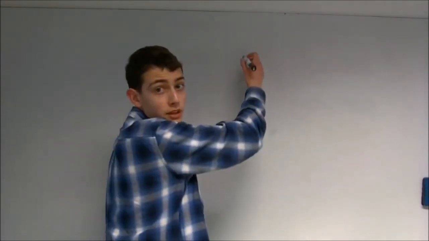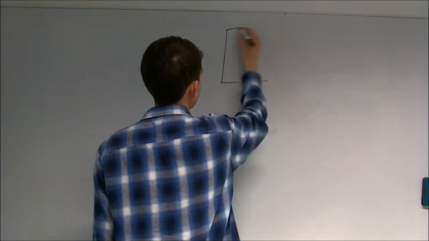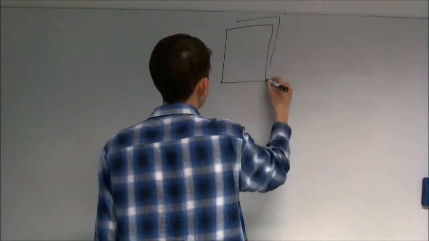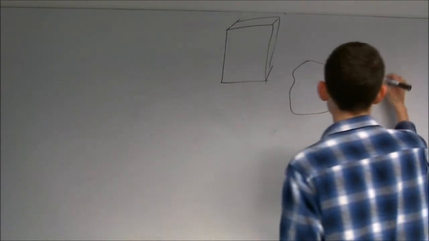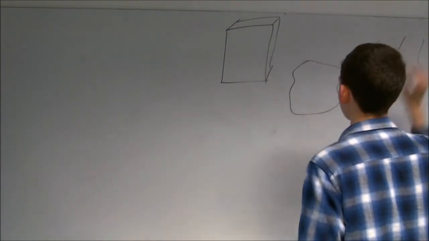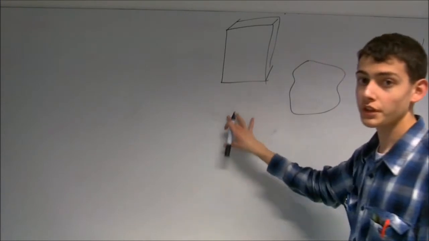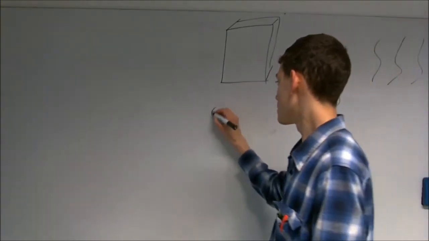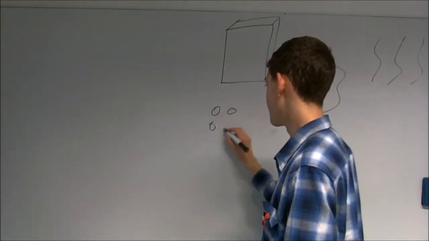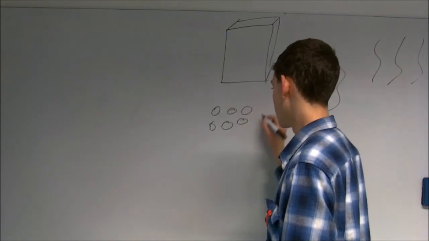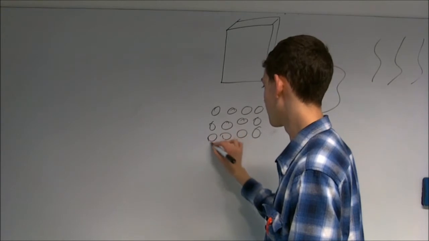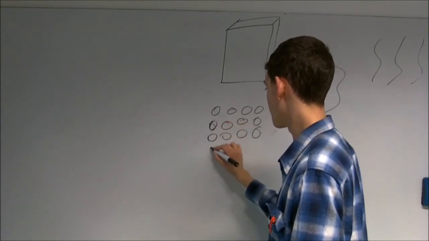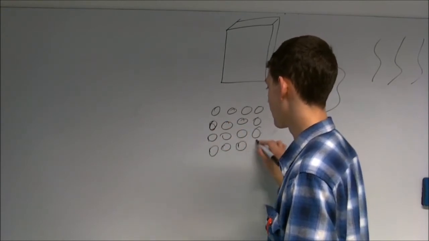So, although, let's draw this back up. I keep erasing, I'm having a bad habit of erasing things today. So what do the molecules look like inside of this? They're going to look like some kind of grid. Like sodium will end up in this kind of grid, right?